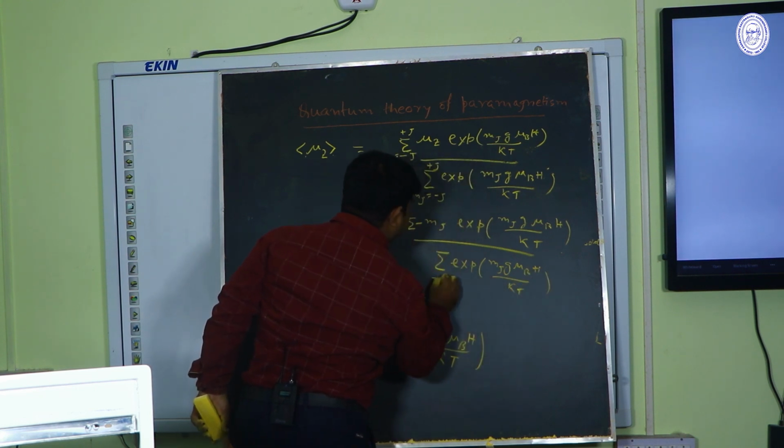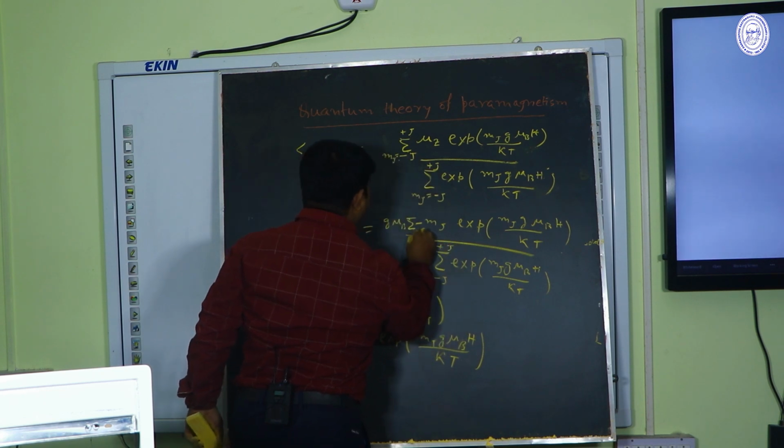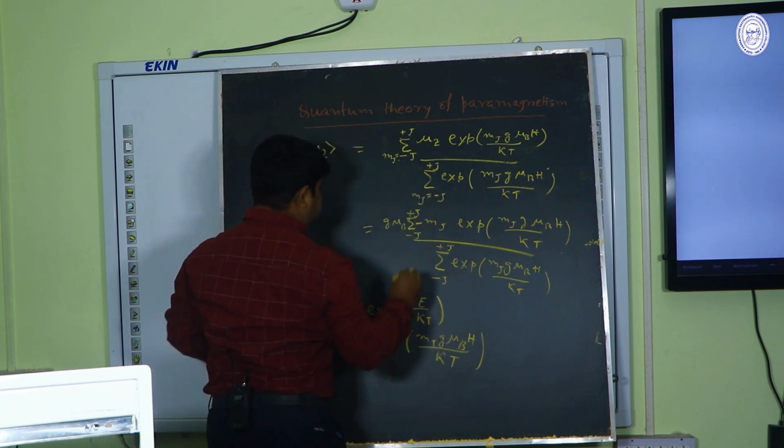The summation is taken over mj from minus j to plus j.